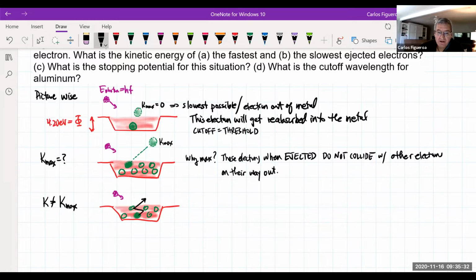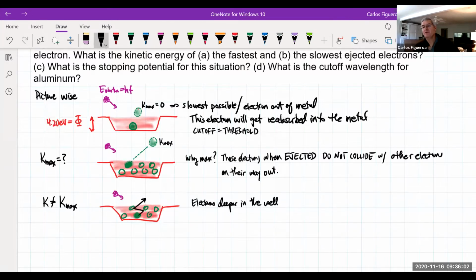On the other hand, you could think about the following. I send in a photon, and it's not one close to the surface that's being ejected, but you can eject ones that are further down.